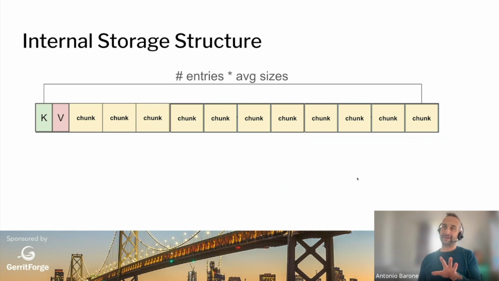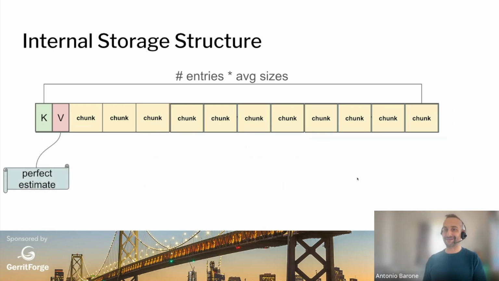So it might be that the key and value that you're storing are a perfect fit for the estimate that you gave at the beginning. If you're able to accurately specify average sizes, you will be able to maximize the memory allocation that Chronicle Map did. If the size is set correctly, Chronicle Map can pack entries tightly into memory, minimizing wasted space and avoiding what we will see later as our enemy, which is an expansion of the cache, which we don't want.